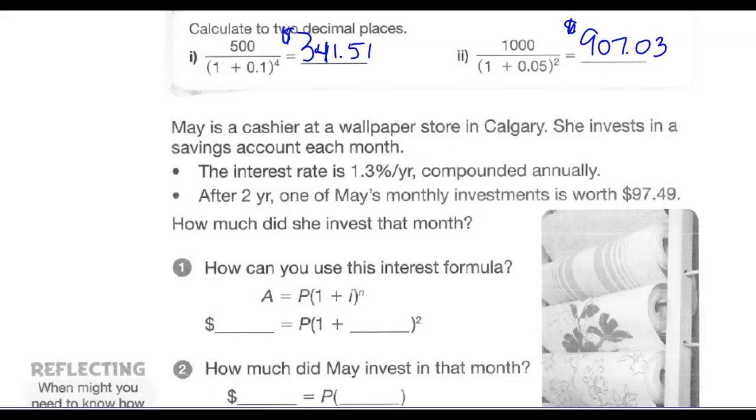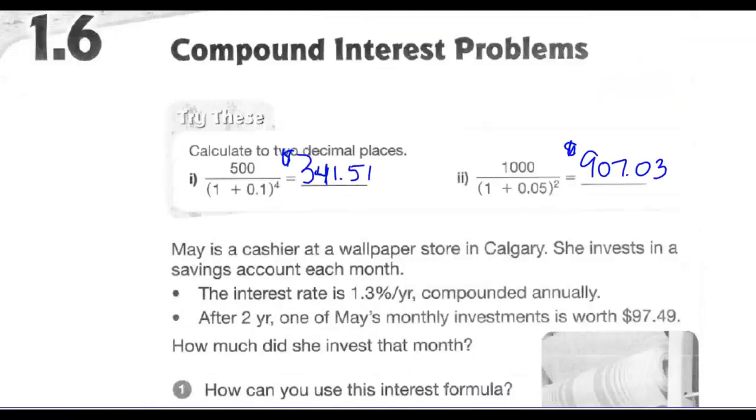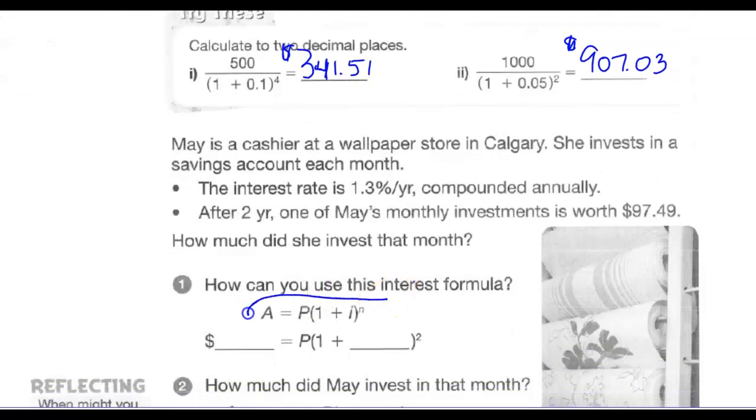Okay, so the formula for compound interest is this formula here. So it says May is a cashier at a wallpaper store in Calgary. She invests in a savings account each month. The interest rate is 1.3% per year, compounded annually. Annually means yearly. After 2 years, one of May's monthly payments is worth $97.49.